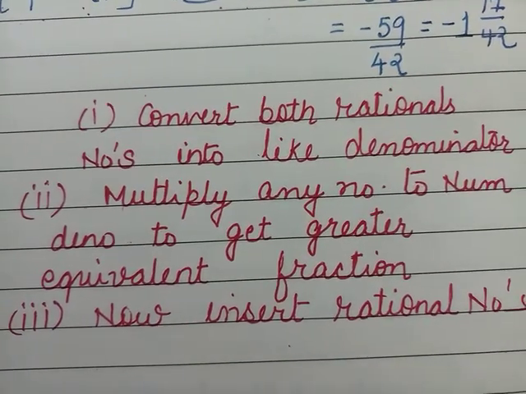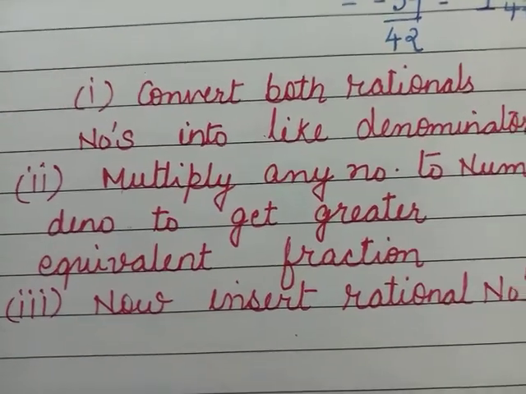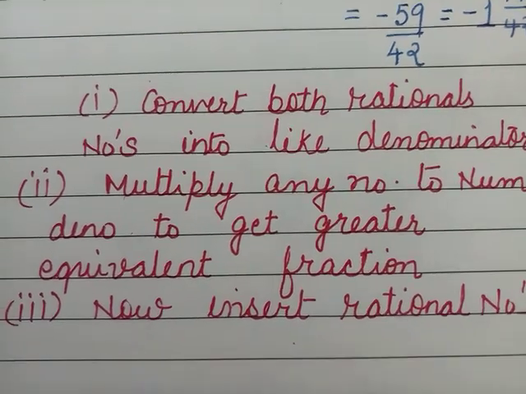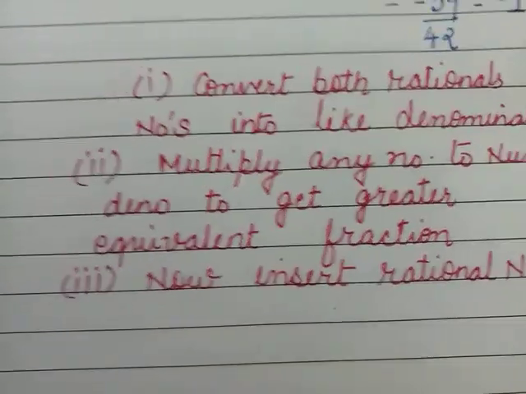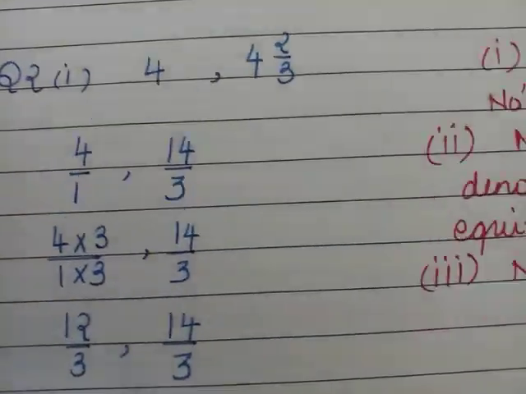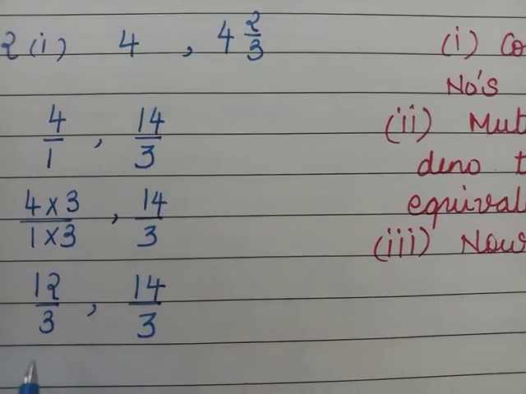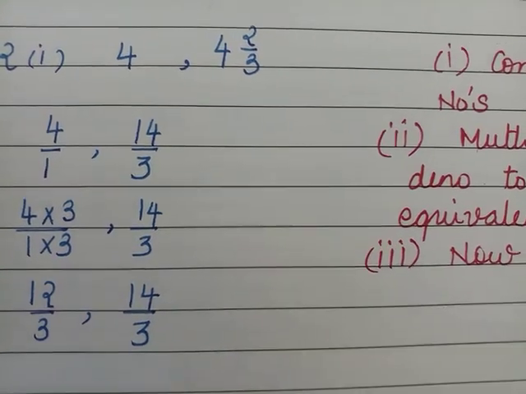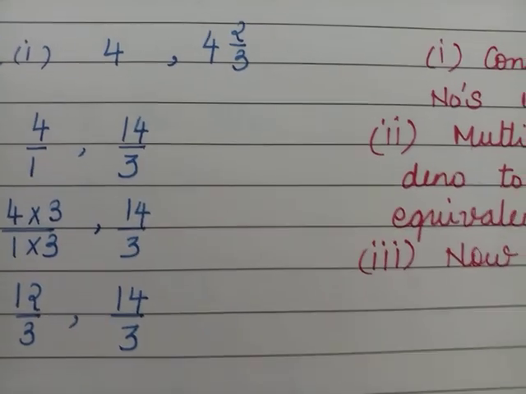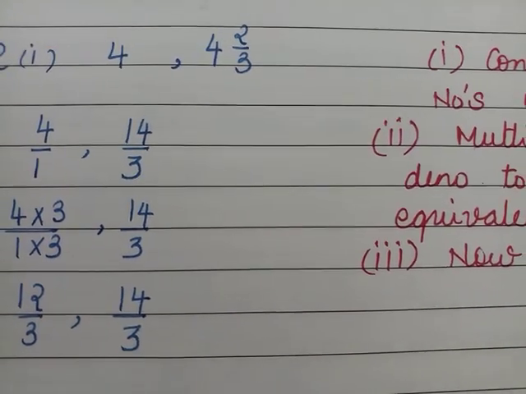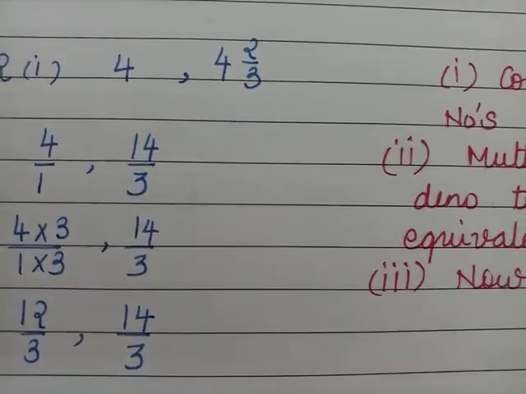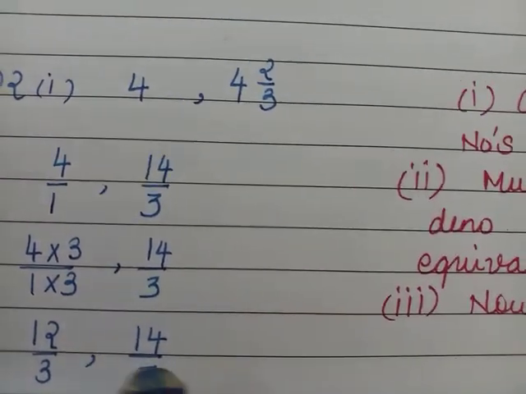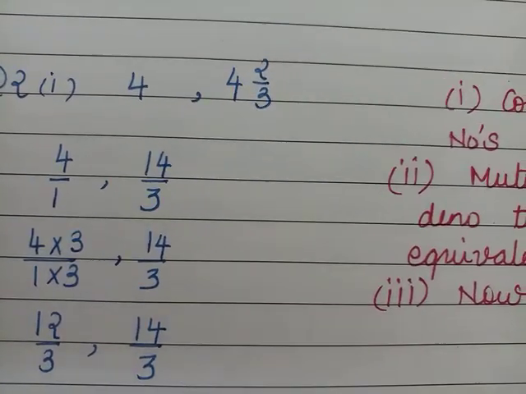Now we have to multiply any number to the numerator as well as to the denominator to get a greater equivalent fraction. Let's see. Now we have 12 by 3 and 14 by 3, and we want to insert 3 rational numbers between them. Right now we can have 12 by 3, then 13 by 3, and 14 by 3 is here.